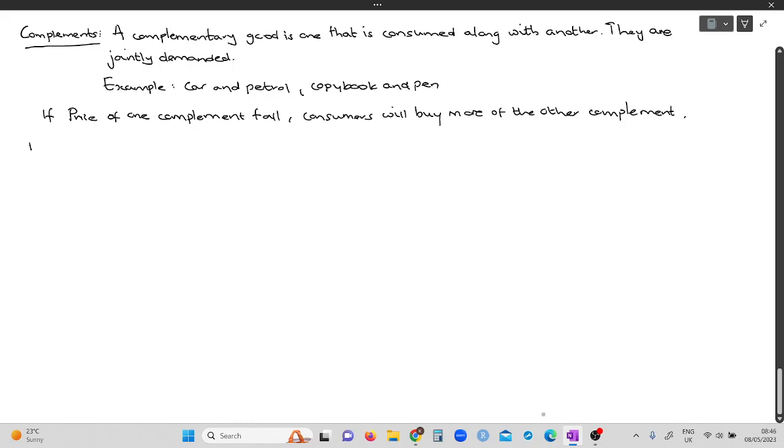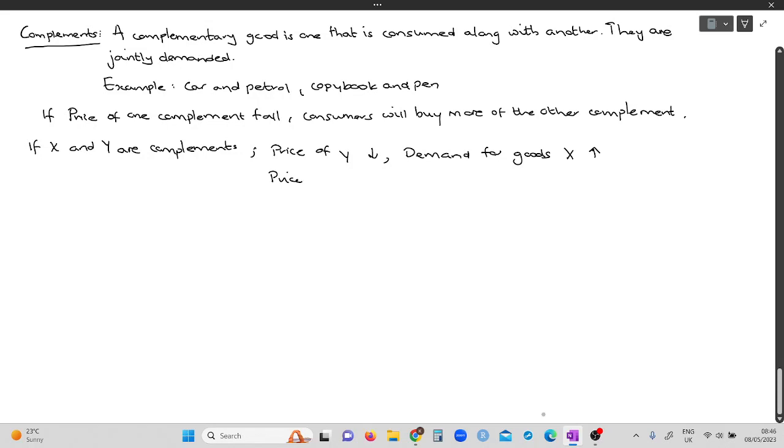So let's take, if X and Y are complements, if the price of Y falls, demand for good X will increase.